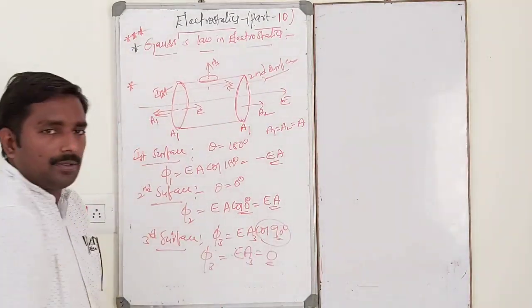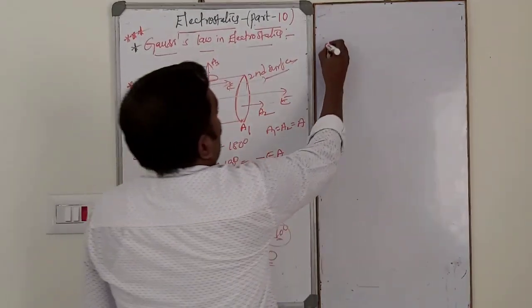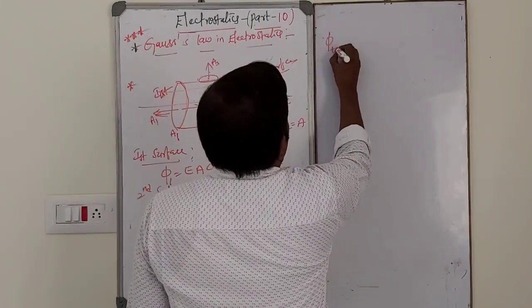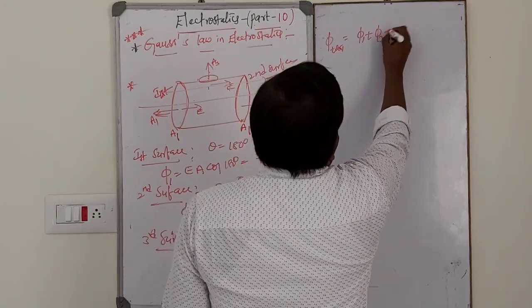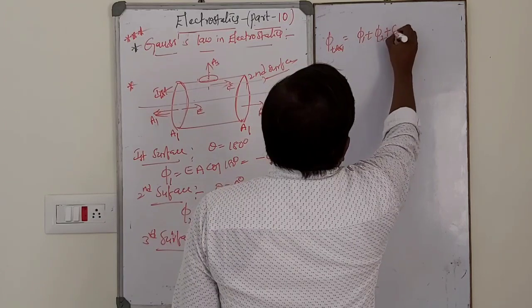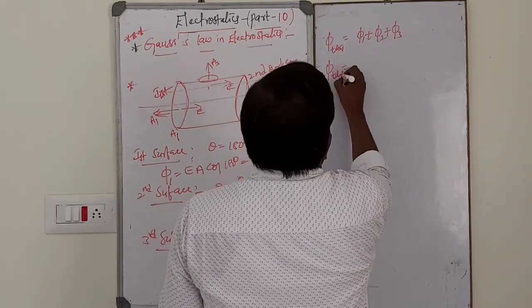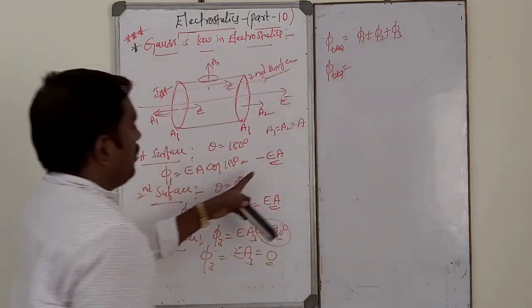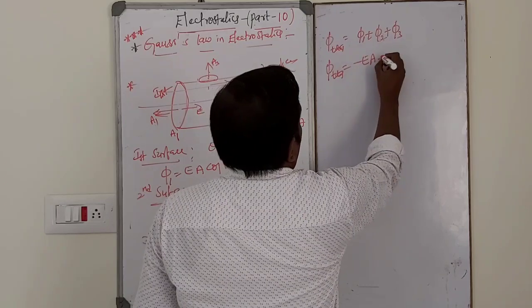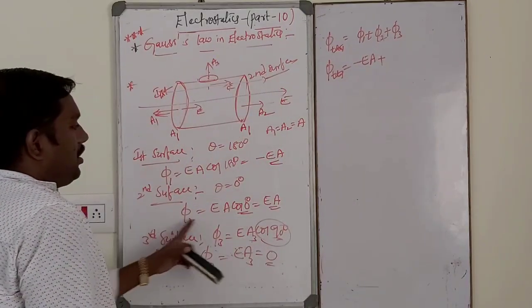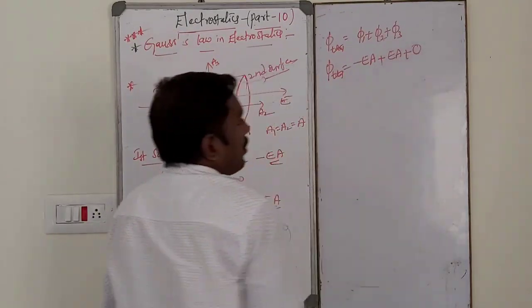Okay. I want the total flux. Total electric flux is phi 1 plus phi 2 plus phi 3. Phi 1 is minus EA, plus phi 2, which is EA, phi 3 is 0.